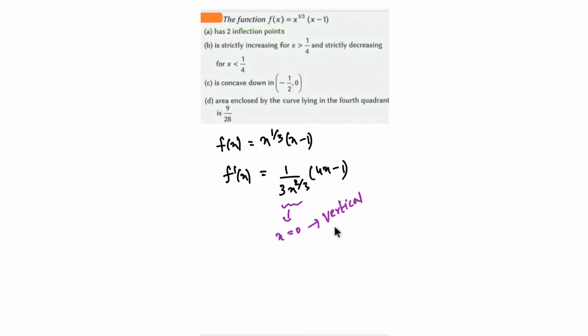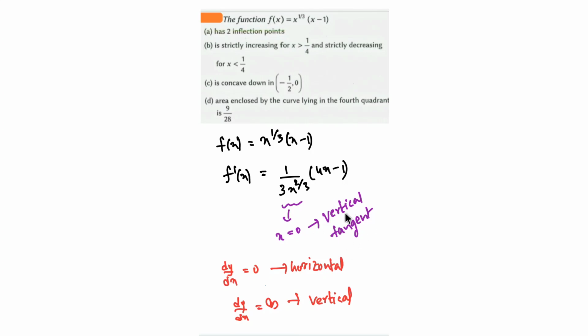We know that if dy by dx is equal to 0, then it is a horizontal tangent, and if dy by dx is equal to infinity, or you may say not defined, then it comes out to be a vertical tangent. So here when I put x equal to 0, I'm finding this to be not defined, or you may say infinity.